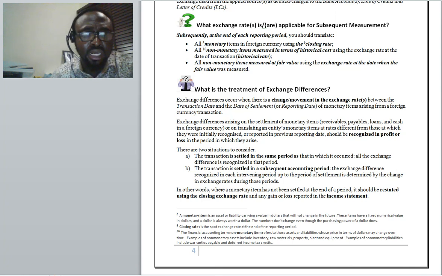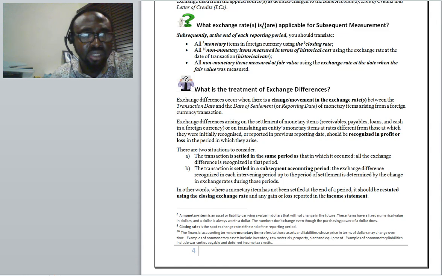Which means in an entity, I bought goods worth $1,000 on credit as of 1st of January 2017. And I'm giving 90 days grace to pay the same $1,000. But the goods I purchased at $1,000 will be sold in Nigeria in Naira.